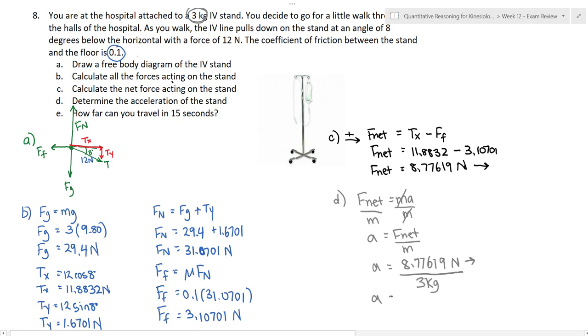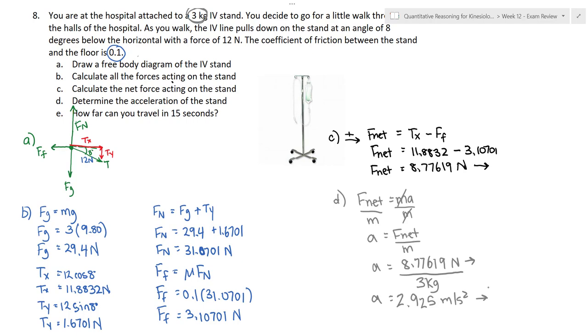So now I can just type this on my calculator, 8.77619 divided by 3, and I get 2.925 meters per second squared, and that's to the right. And that's D. So now we have one more question, E. How far can you travel in 15 seconds?